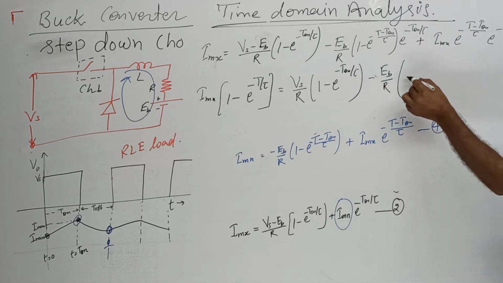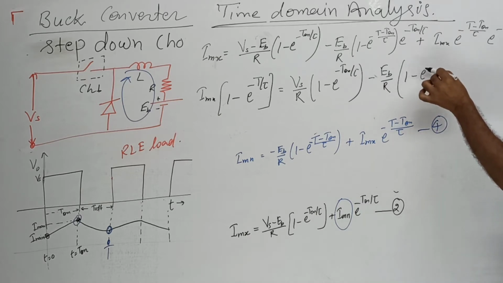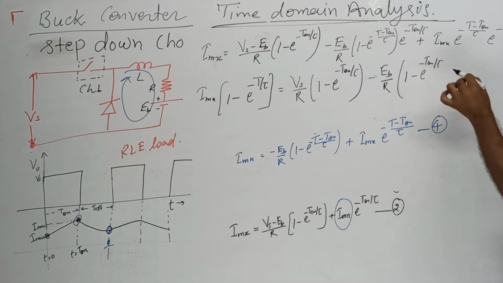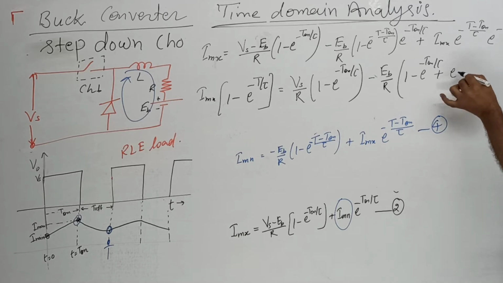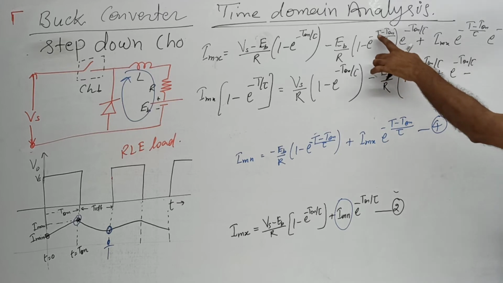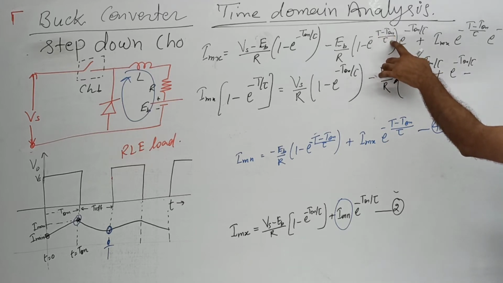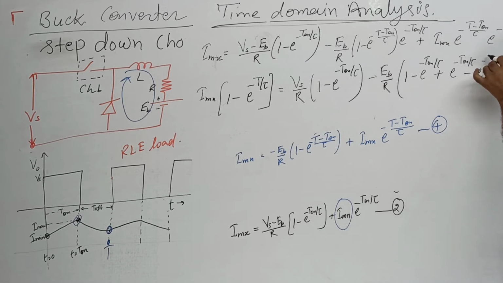So here is 1 minus e raised to power minus T on upon tau, and if we are taking the minus, then it is plus e raised to power minus T on upon tau, minus e raised to power minus T by tau only. So these cancel out.